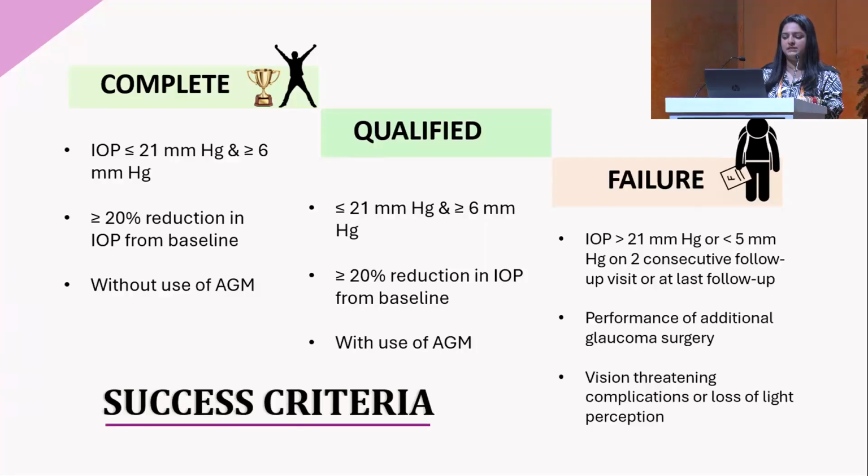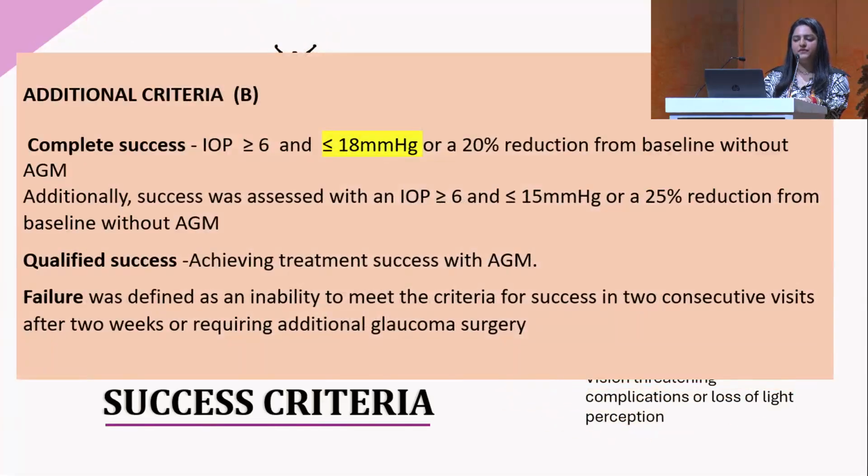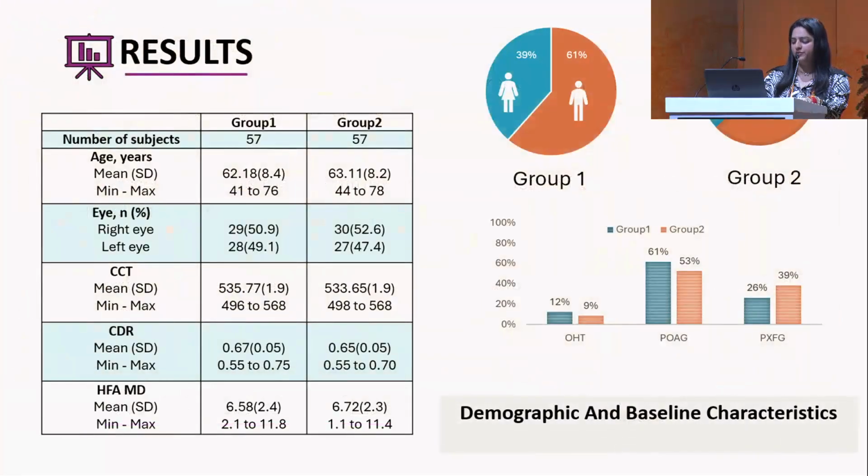The failure was considered when intraocular pressure was more than 21 mm of mercury or less than 5 mm of mercury on 2 consecutive visits, or if any glaucoma surgery was done or vision-threatening complications were observed. Additional criteria of intraocular pressure of less than or equal to 18 mm of mercury and less than or equal to 15 mm of mercury were taken.